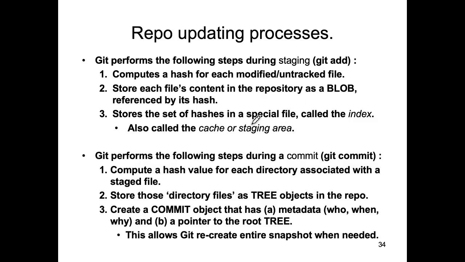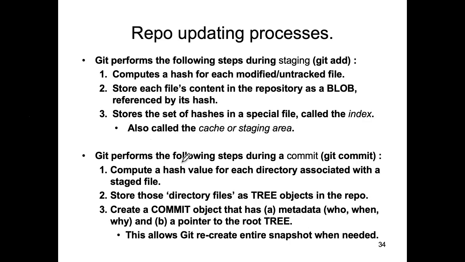When you do a commit, and we always do a commit after we've done a git add, what it does is it computes the hash value for each folder that relates to one of the files that it stored up here.